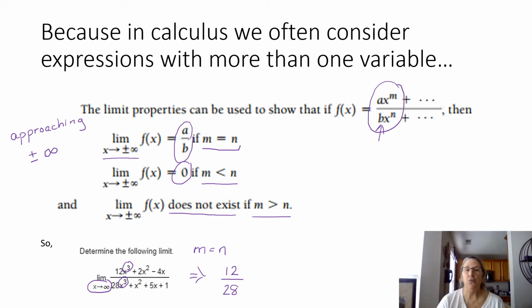But just like you almost always have to do, you do want to reduce the fraction. This reduces by 4 to give us 3 over 7. So as x approaches infinity of that function, because our leading degrees were the same, we looked at the leading coefficients, and that's our answer.